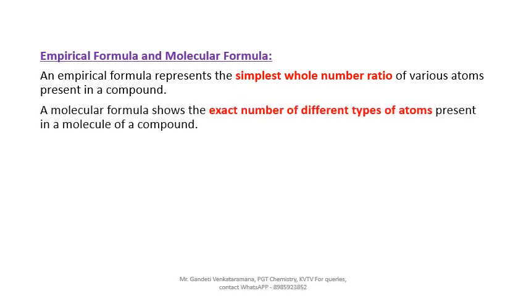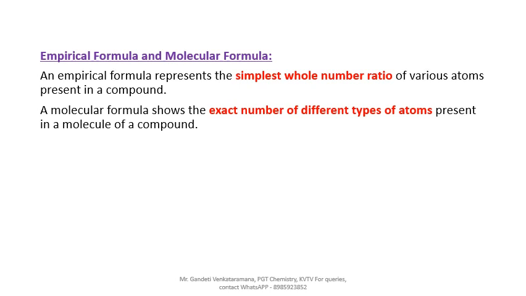A molecular formula shows the exact number of different types of atoms present in a molecule of a compound. So this is the basic difference between empirical formula and molecular formula. An empirical formula represents the simplest whole number ratio. A molecular formula represents the exact number of different types of atoms.